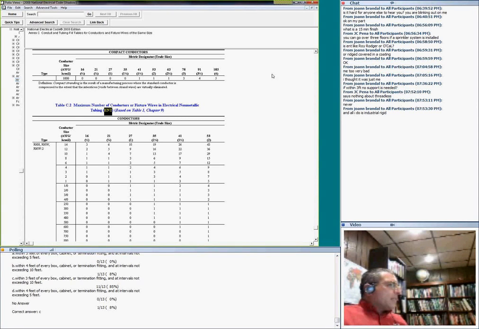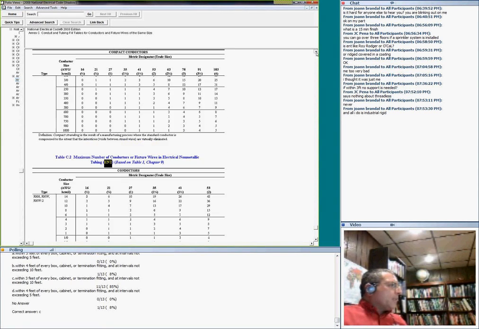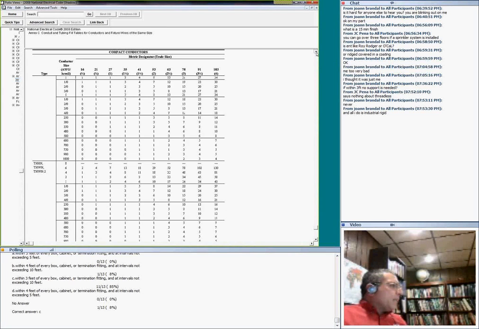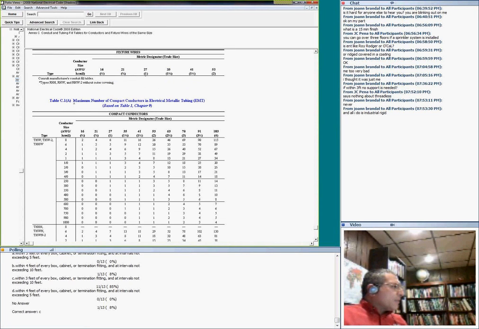I want to emphasize, guys, there are 2 tables for every conduit system, one for compact conductors. So for this, the maximum number of compact conductors. Don't get confused. These are a special type of conductors, specially designed to fit in smaller size, so you can fit more compact conductors in the same size conduit.